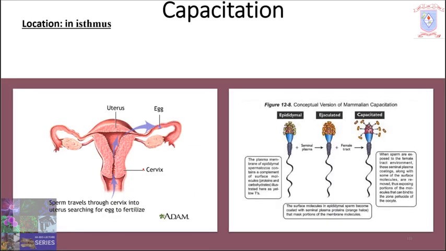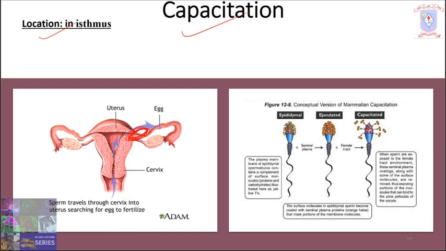Okay. And the next step of this process is the capacitation. The location of the capacitation is inside the isthmus area. So here this capacitation process takes place.